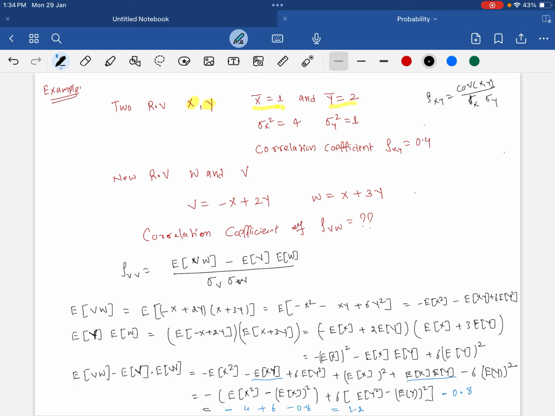So from here we can say that the covariance is going to be 0.4 into sigma x, which is the square root of 4, that is 2, and the square root of 1 is 1, so that will give you 0.8. So the covariance is nothing but 0.8.